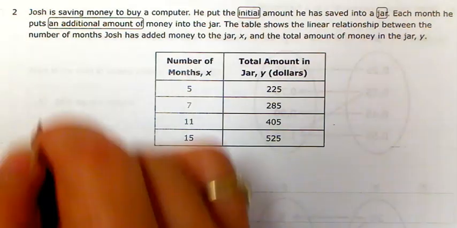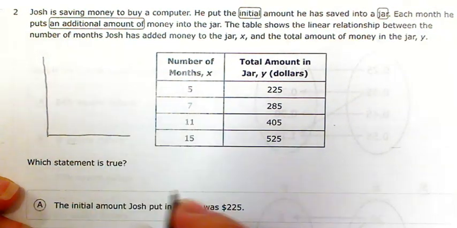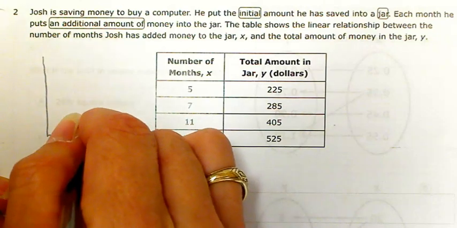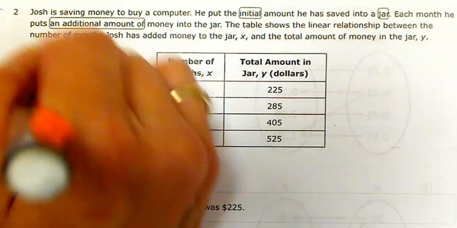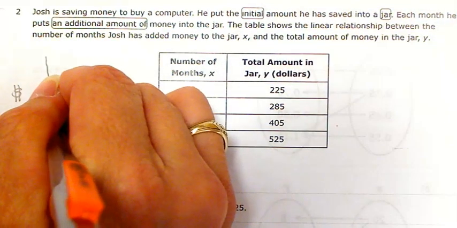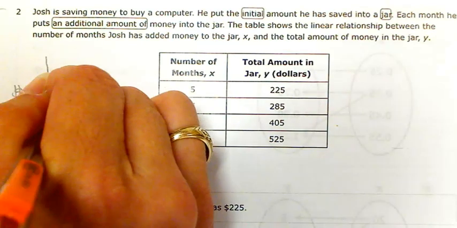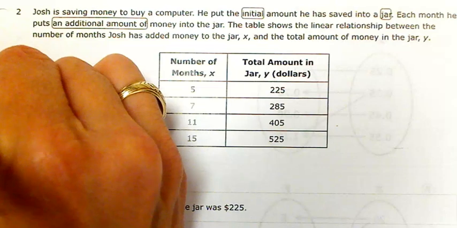Okay, so even without a whole lot of numbers, here's the situation. He has saved for a certain number of months, and he's got money in the bank. Now, at the beginning, he put a certain amount in the bank, his initial amount.